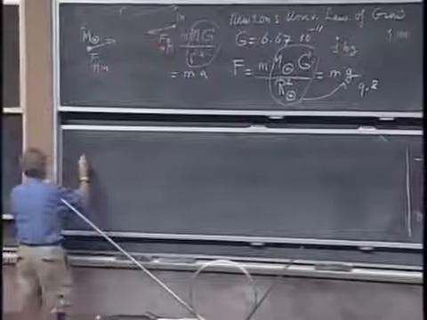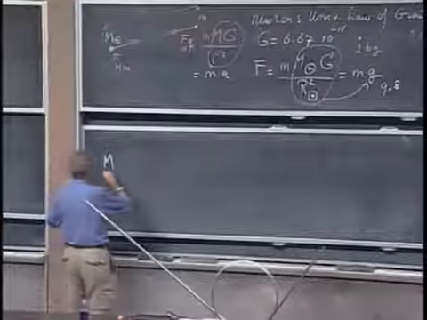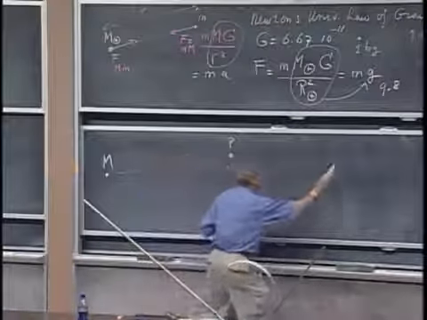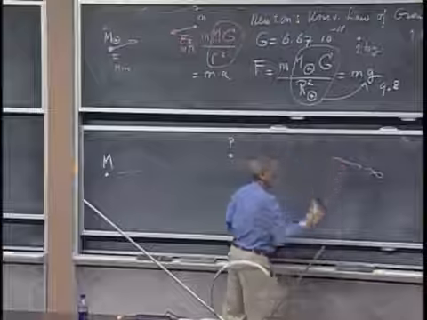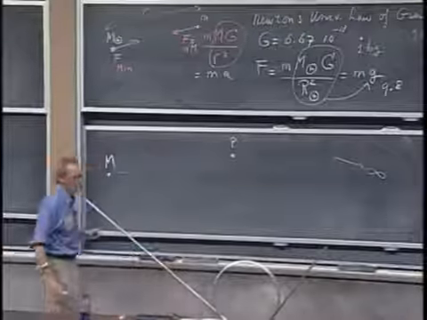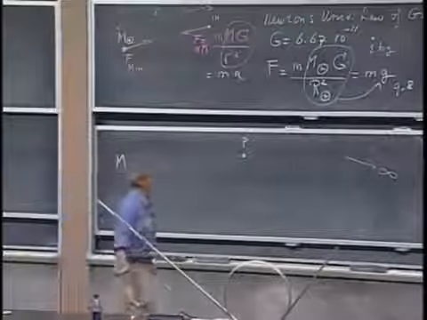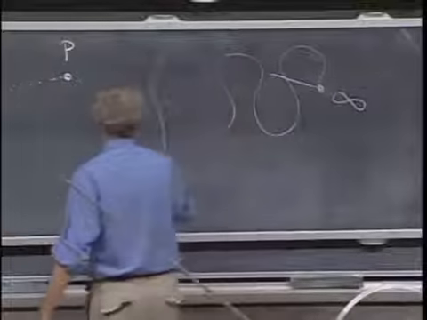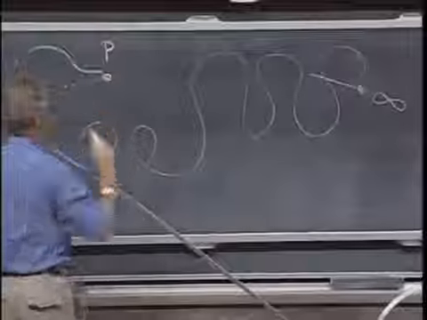So here is capital M, and here is that point P, and infinity is somewhere there. It's very, very far away, and I come in from infinity with that object with mass m, and I finally land at point P.